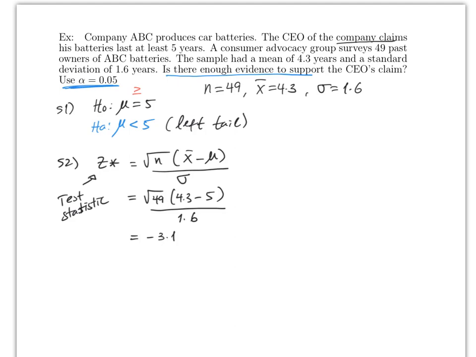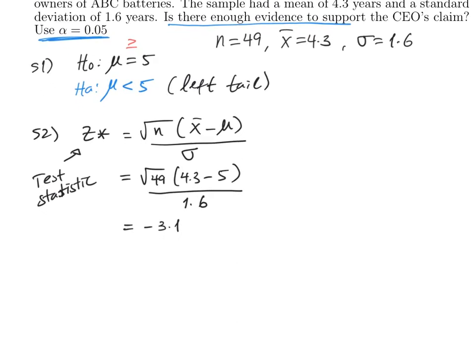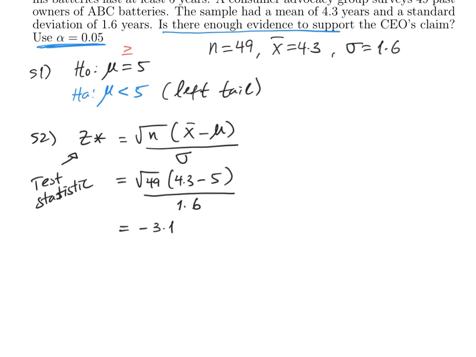Okay. Again, this is something you had to do in chapter 6, so this is not really new. This part is also not new, but it's a different context. For step 3, you always have to find the rejection region. And in our case, the rejection region is going to be minus z of alpha.